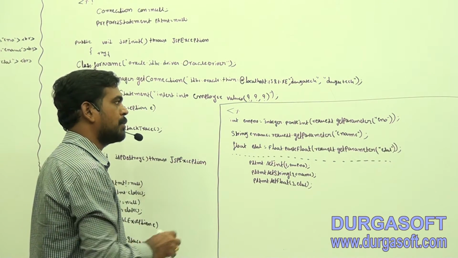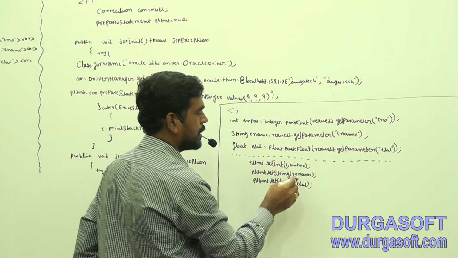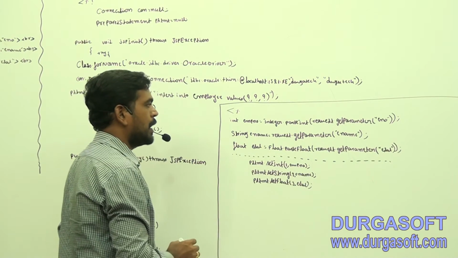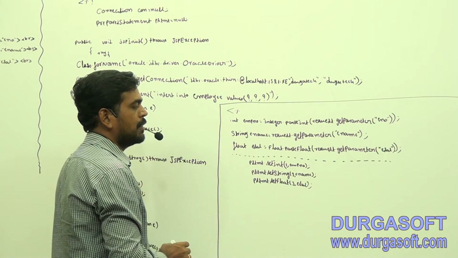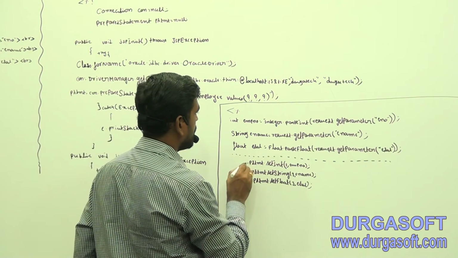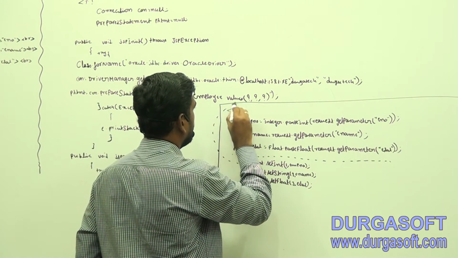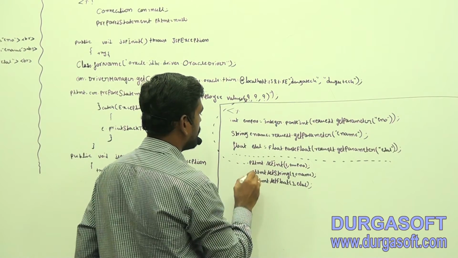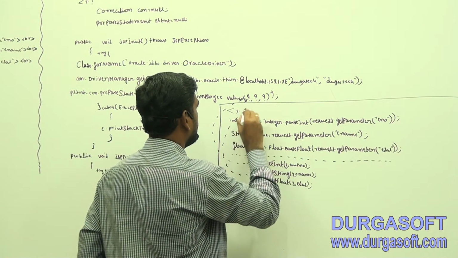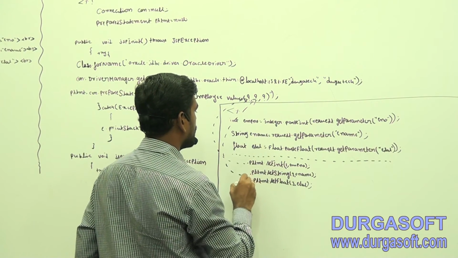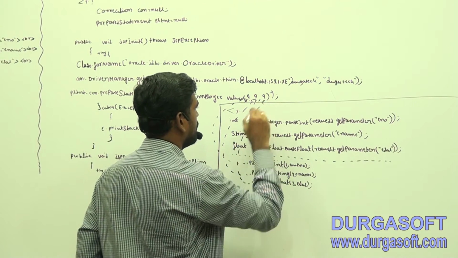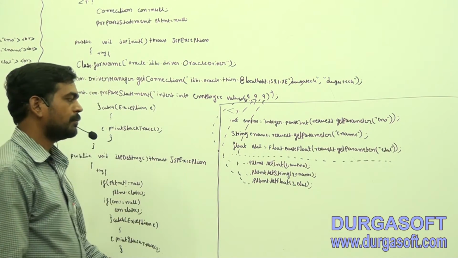So now how many question marks are there? 3 question marks are there. Those 3 question mark places I set here, right? So now the first question mark place I am setting to the eno. Now the second question mark place I am setting to the ename. The third question mark place I am setting to the esal, like that.